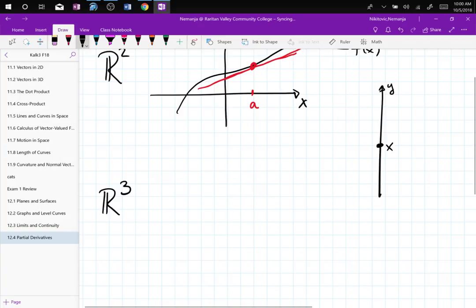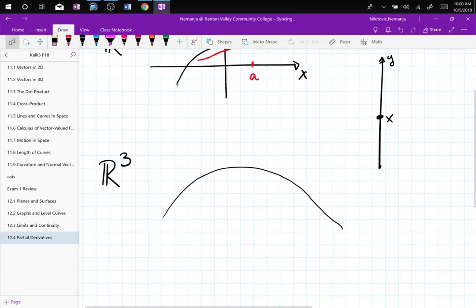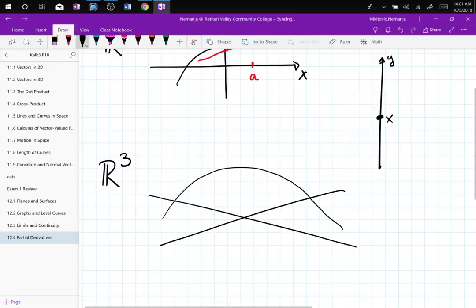If I have some kind of surface on the xy plane, now this is a three-dimensional thing, then I can take the derivative with respect to x.